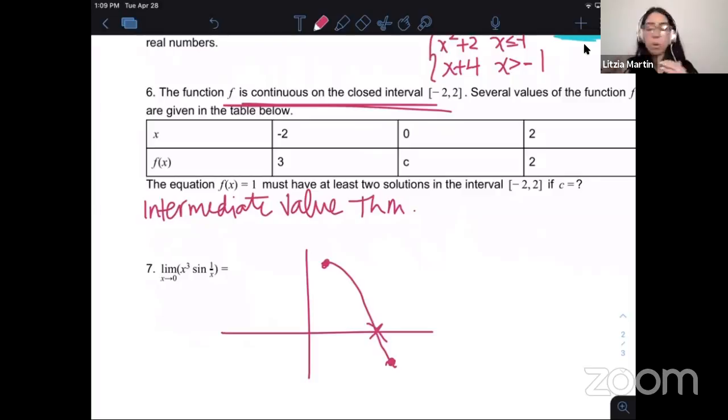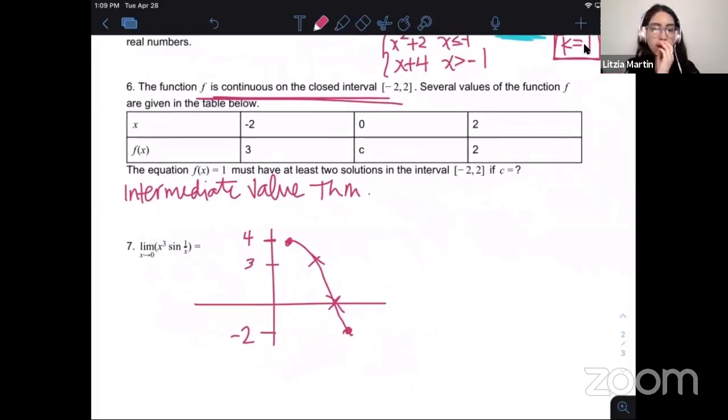Or, let's say this is 4 and this is -2, then we know that y equal to 3 has to exist because 3 falls between -2 and 4.